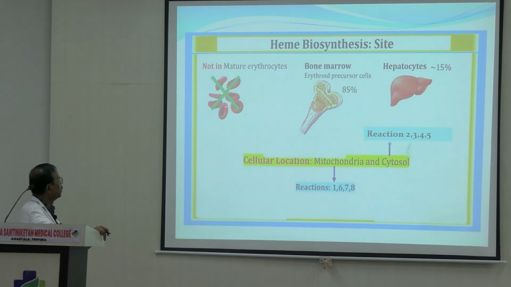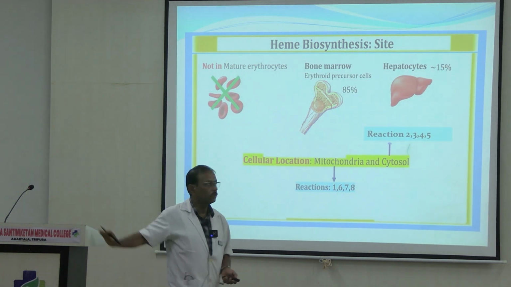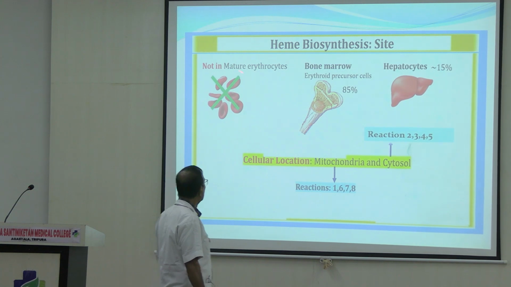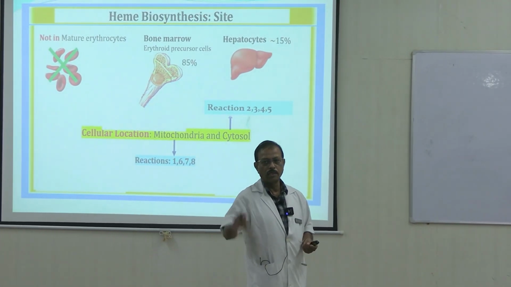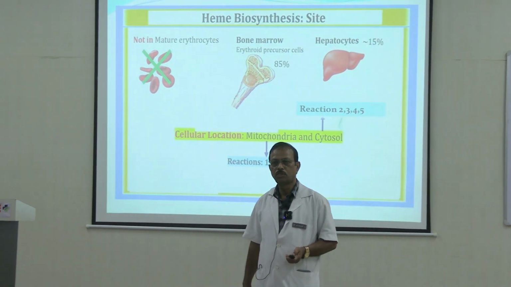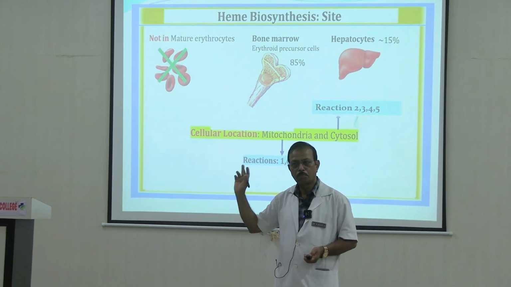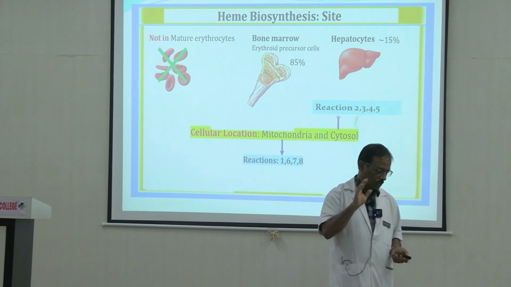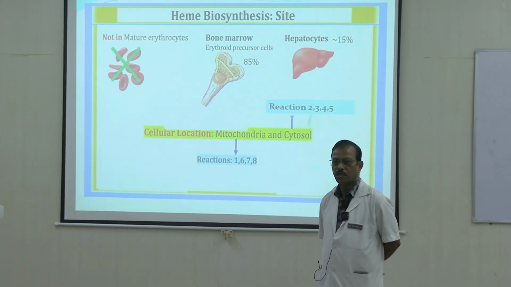Remember, mature RBC cannot synthesize heme. Why? Anyone, please, why? Mature RBC is important for oxygen transport, but mature RBC cannot synthesize heme. It only contains heme as hemoglobin.